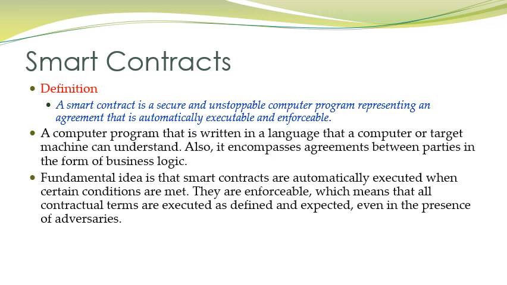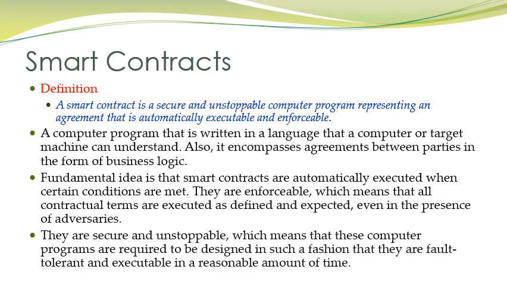So this is the duty of this program. This program is unstoppable. It is automatically executed, it will enforce the business conditions, and if they are fulfilled, it will allow the transaction.